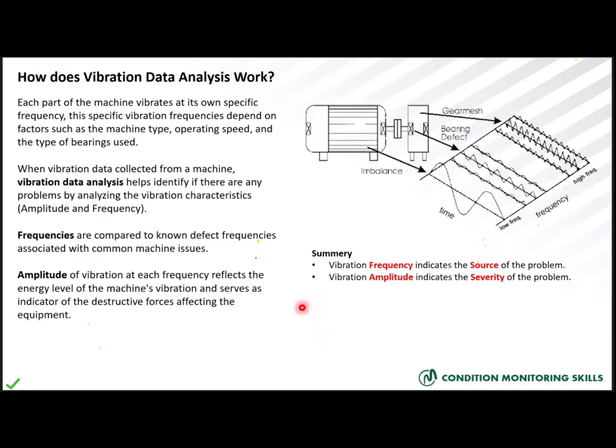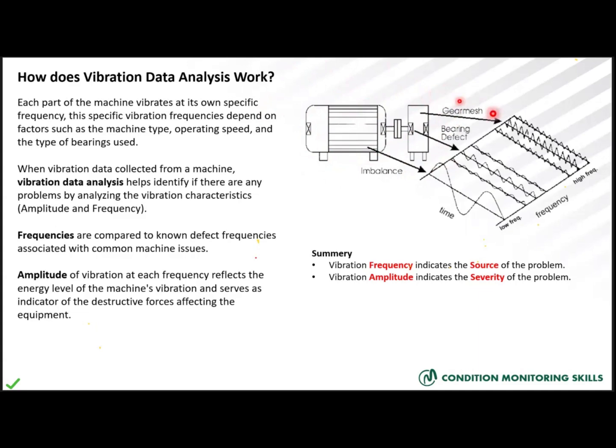Okay, for people who don't understand anything about vibration analysis, this is a very simple explanation which will give you an understanding of how vibration data analysis works from A to Z. You should understand that the rotating equipment, let's say this is an electric motor coupled with a gearbox, okay?